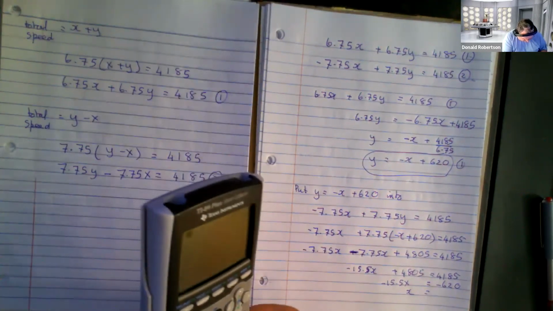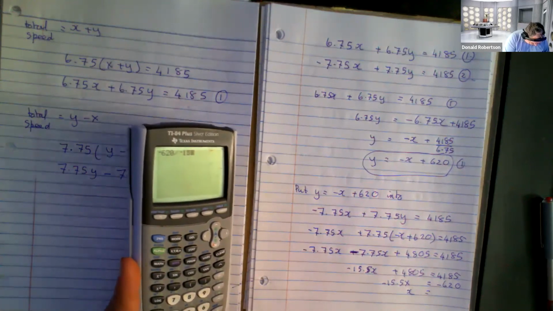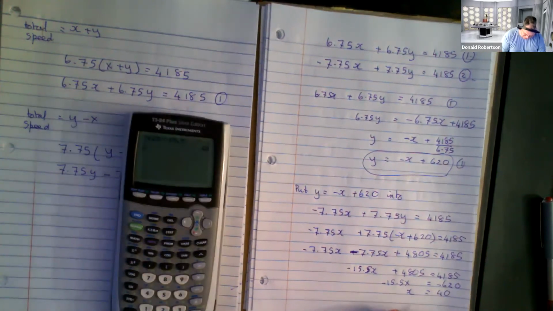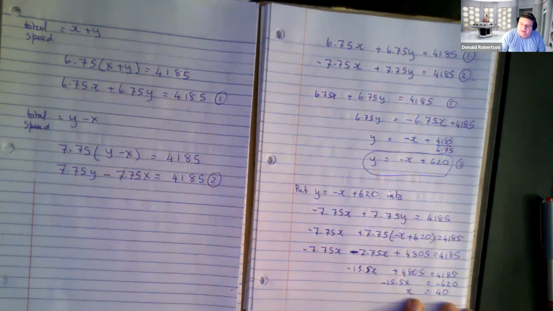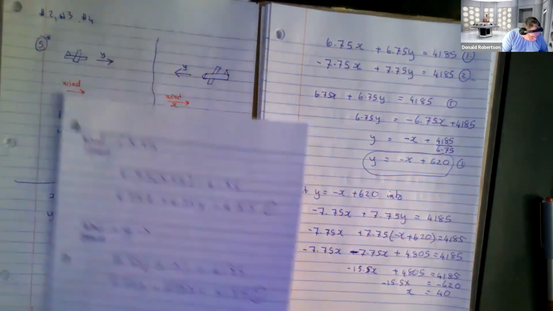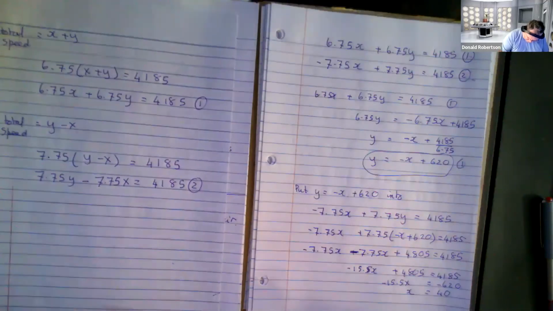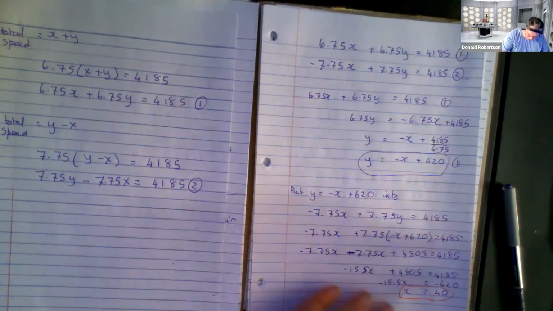So negative 620 divided by negative 15.5, and the answer is 40. And normally when you get to a nice answer like that, it's kind of pleasing, and it's also a very good sign, because I now know that x is 40, and I'm halfway solved.